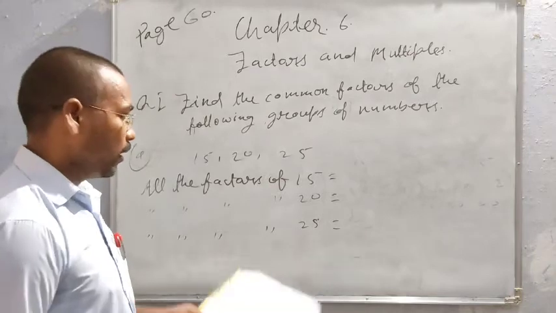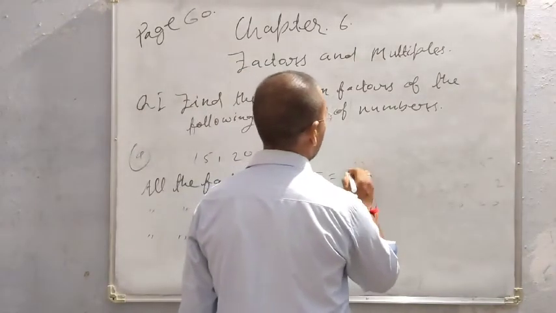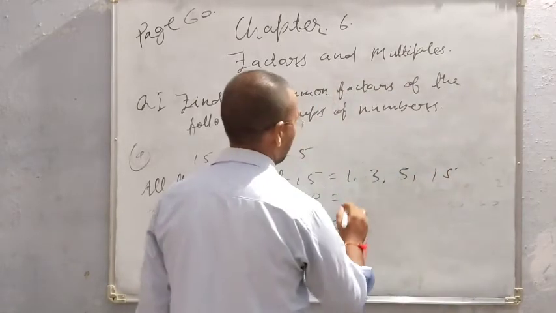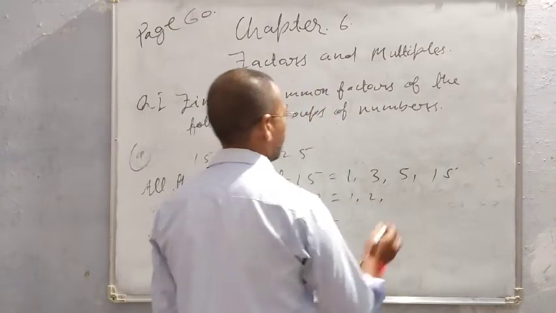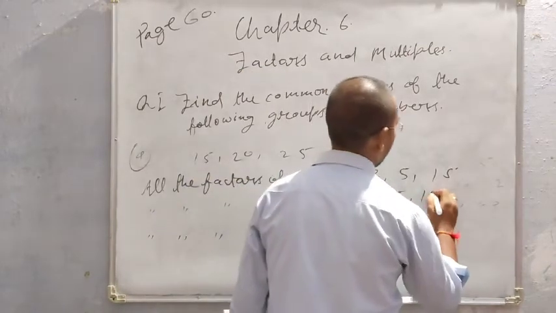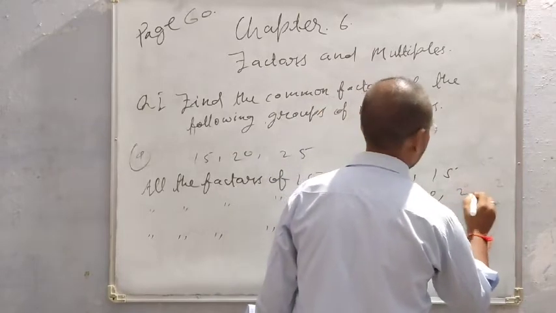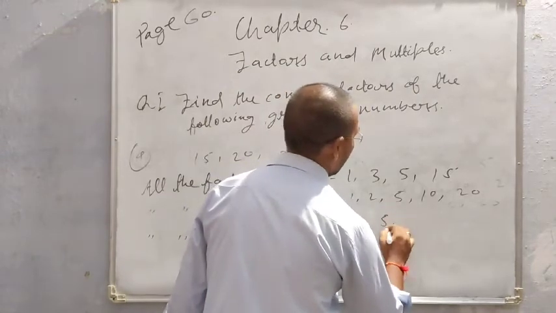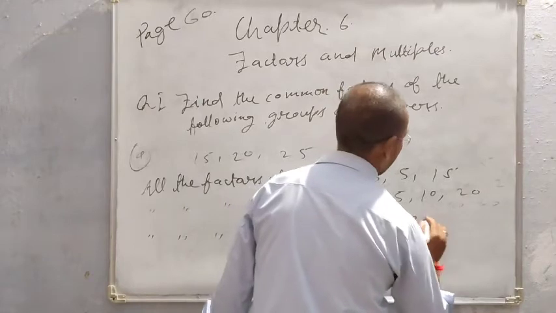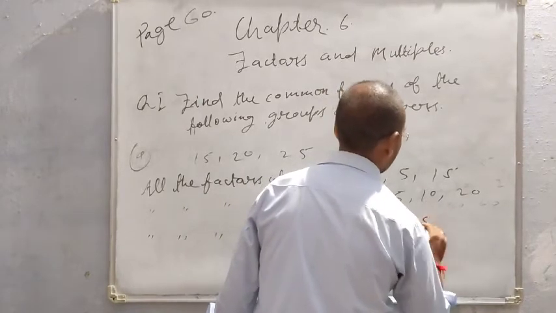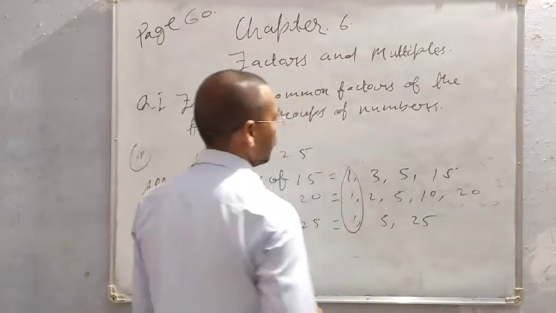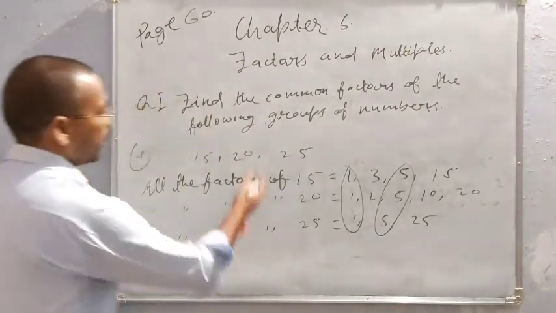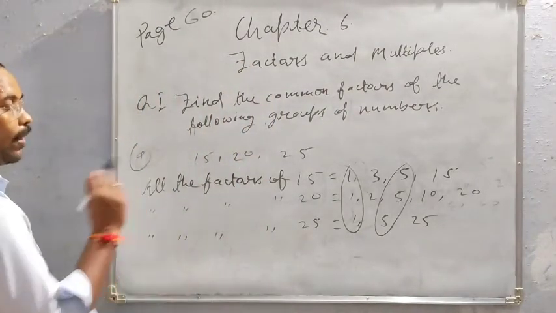I hope you understand and you can do it. So the common factors of 15, 20 and 25 are only 1 and 5.